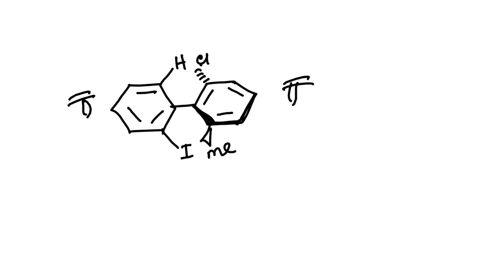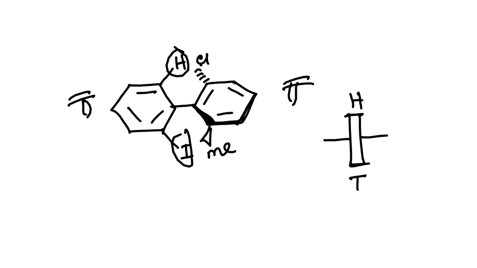This time we will look into the molecule from the left hand side. These two are our near atoms, so we put it horizontally. Here we have hydrogen, here we have iodine.